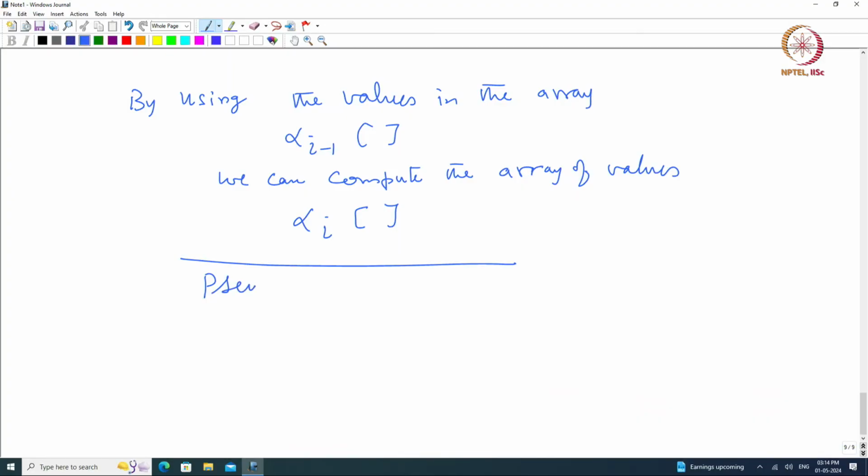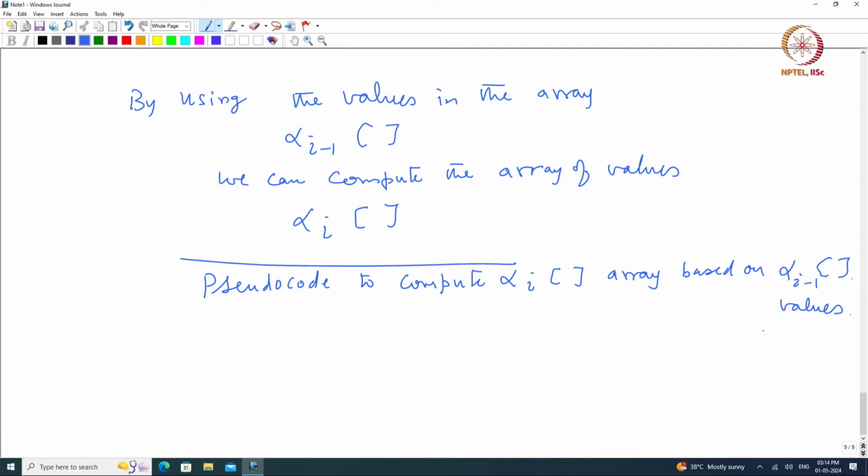Therefore, here is the simple plan. Pseudocode to compute the alpha i array based on alpha i minus 1 array values. Based on these values, how do I do that?